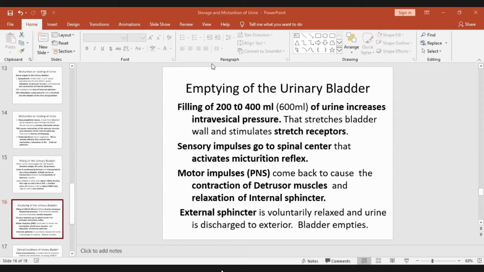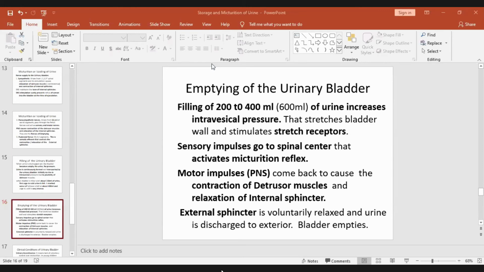They send sensory impulses to the sacral spinal centers, S2, S3, S4, and from there the efferent comes through the parasympathetic to cause the contraction of the bladder. Stress receptors are responsible to pass the information that the bladder is full to the sacral segment.